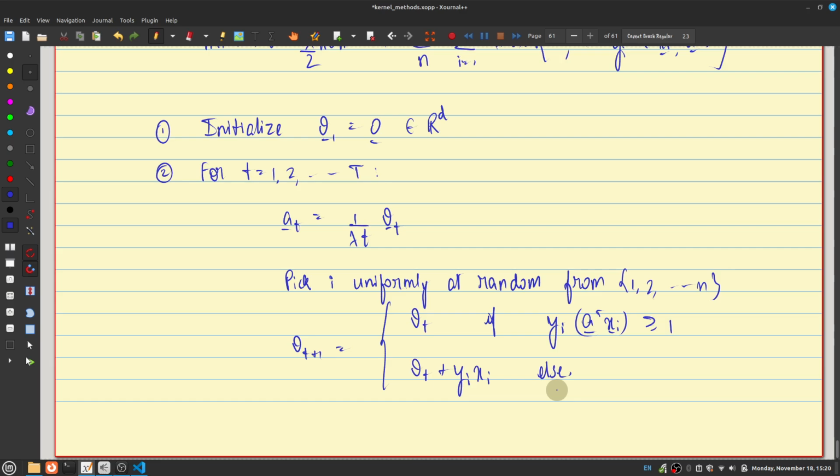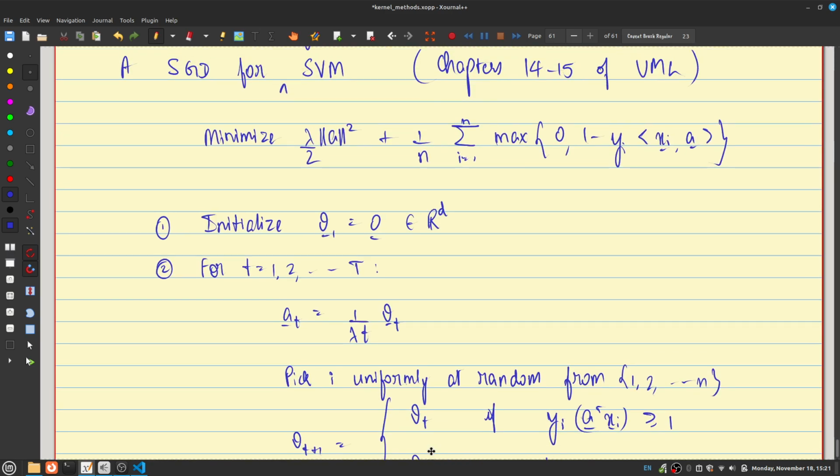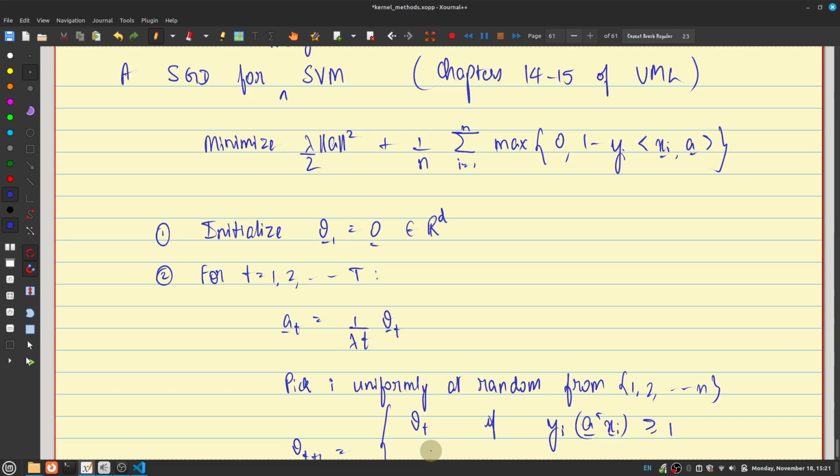You run this for T time steps, find the a_t's, and finally you just output the average. This is essentially a stochastic gradient descent algorithm for finding the soft SVM solution. We want to perform this minimization, which could in principle be done using gradient descent, and this is just a stochastic gradient descent algorithm for the same.